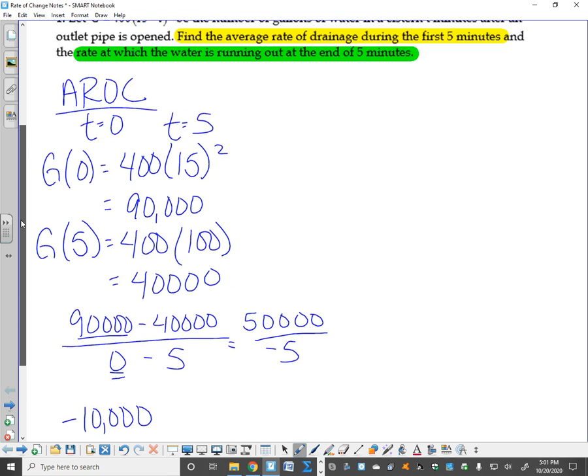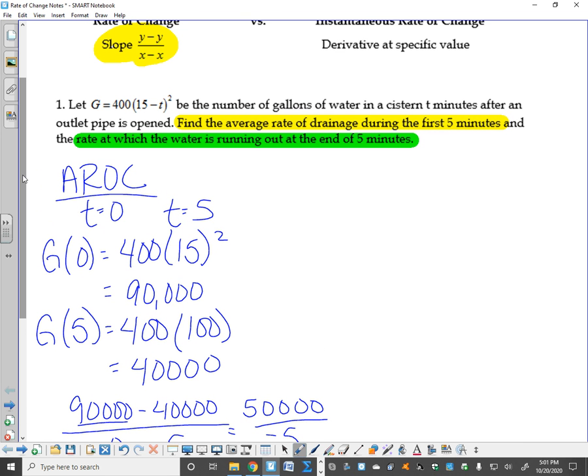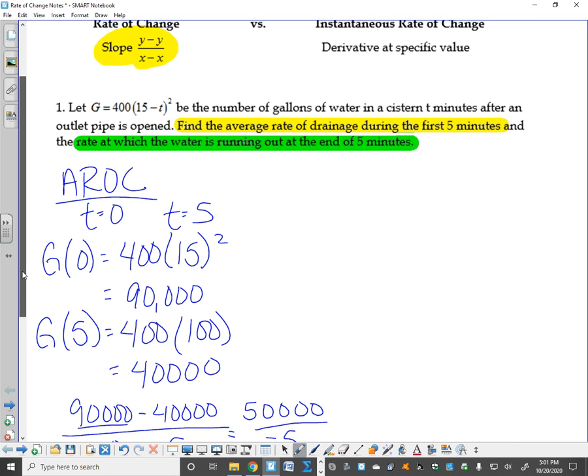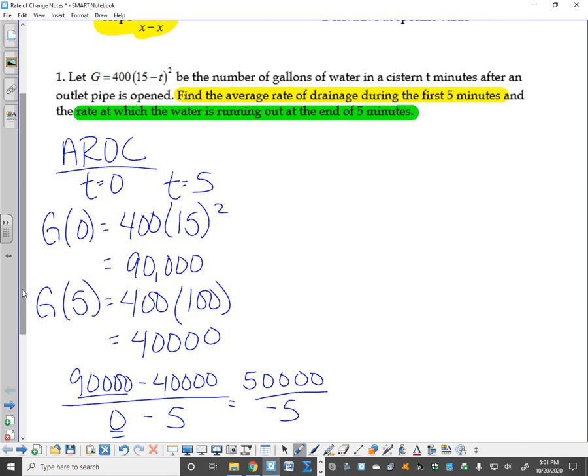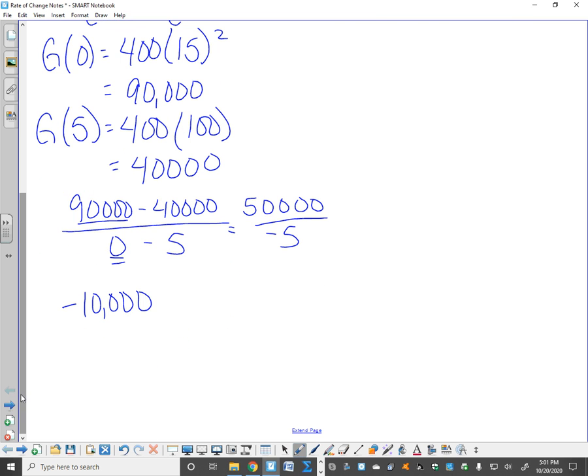Now, negative 10,000 what? Well, this is the average rate of change of the drainage of the water. And we are in gallons of water and minutes. So we are negative 10,000 gallons per minute. Now, I know you think that units of measurement are not important, but on an FRQ, most times, just the units of measurement get you an entire point.